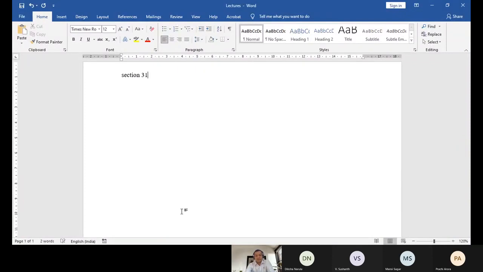Section 31. Now, as we know, suppose I'm an unregistered person, but the moment my aggregate turnover exceeds the limit of 10 lakh, 20 lakh or 40 lakh, whatever is the case, I must apply for registration.